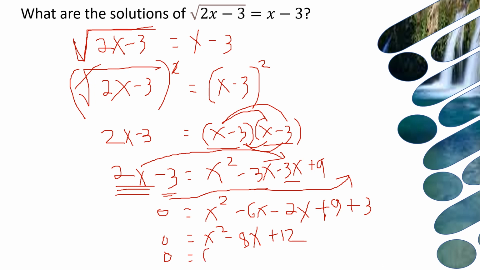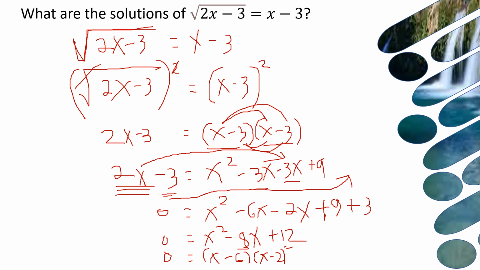So by factoring, you have to think of two numbers that if you multiply them, the result is 12, and if you add those two numbers, the result is negative 8. And that is negative 6 and negative 2. So the factors of this quadratic equation are x minus 6 multiplied by x minus 2.